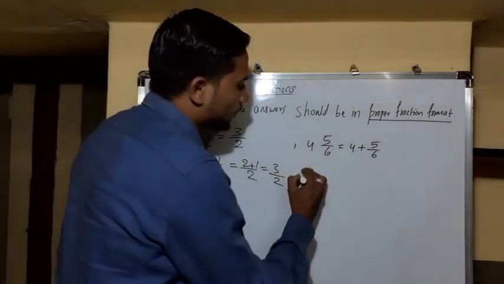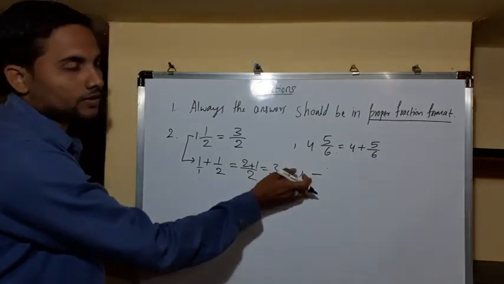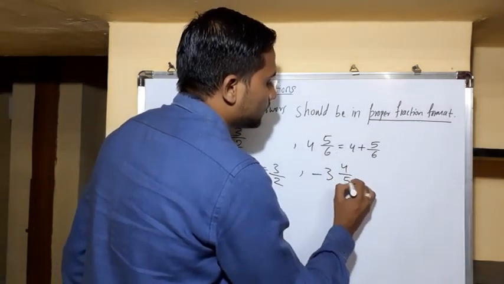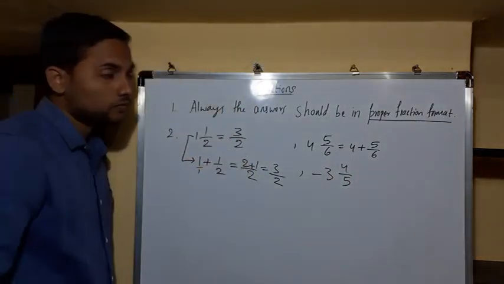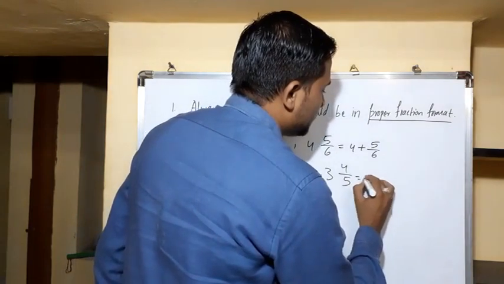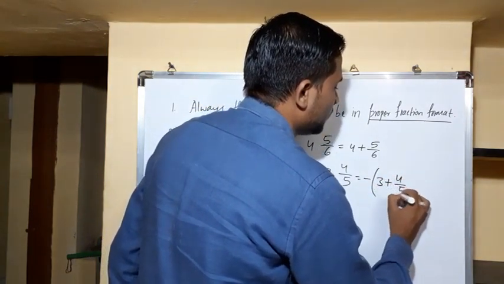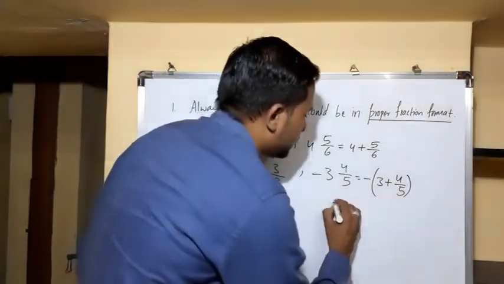Suppose, friends, in the problem there is a negative symbol, like minus 3 integer 4 by 5. Now how to split it? Minus of 3 plus 4 by 5. So now you multiply this minus term. So how much is it?